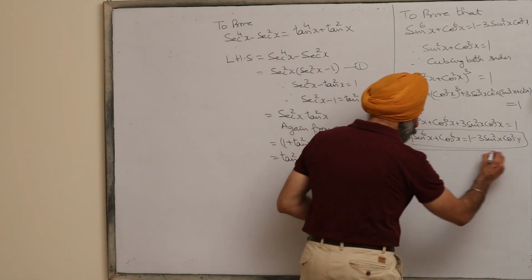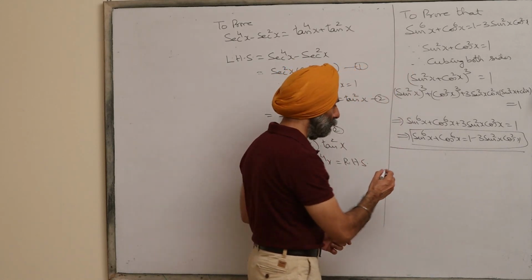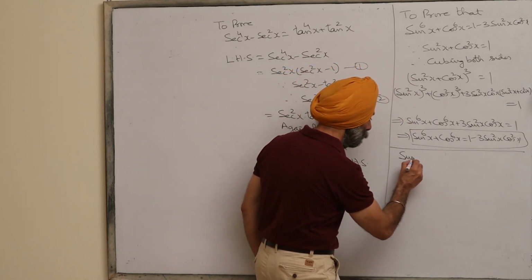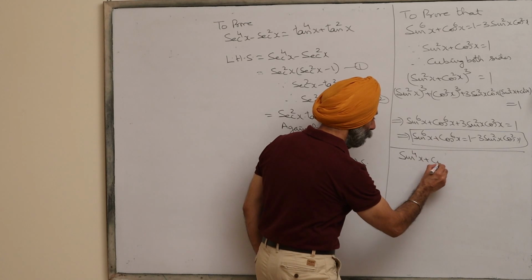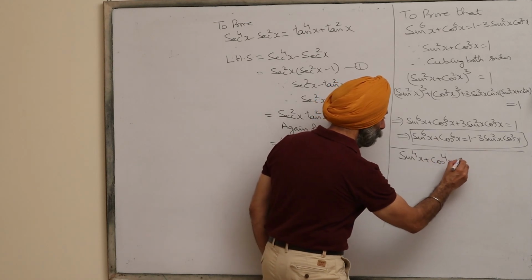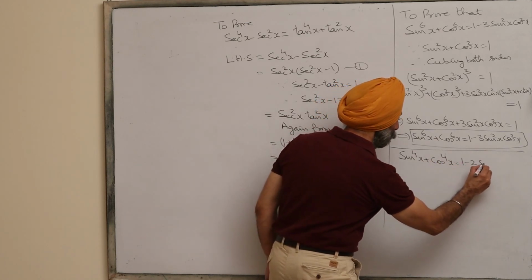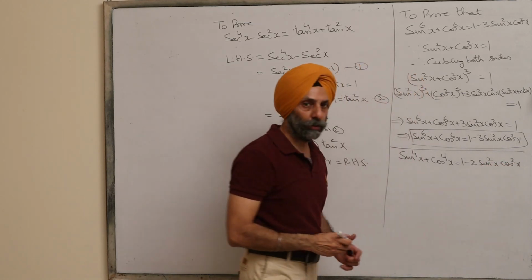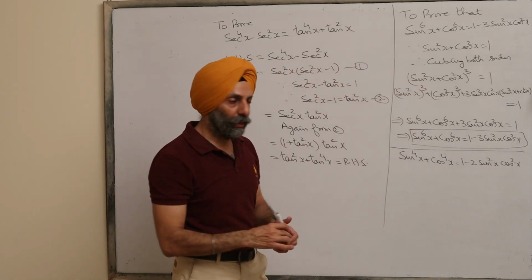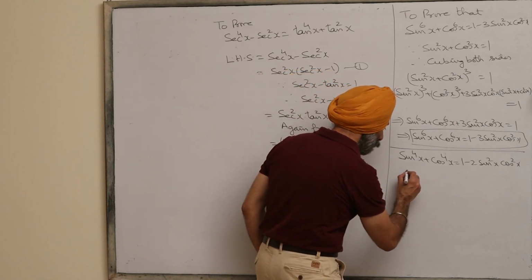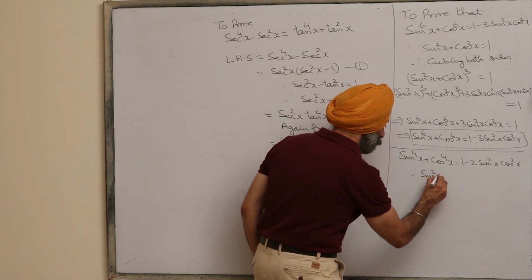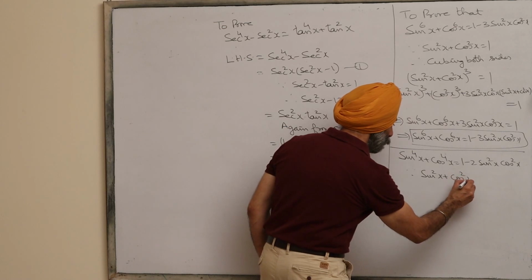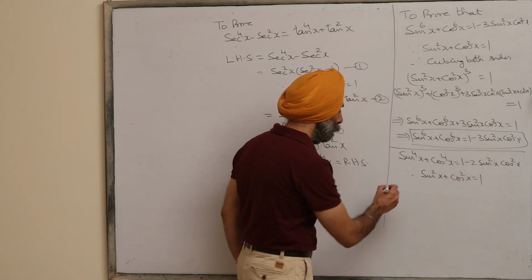Similarly, a question based on this is, you may be asked to prove that sin^4 x plus cos^4 x is 1 minus 2 sin^2 x cos^2 x. In a similar manner, we will start the question, because sin^2 x plus cos^2 x is equal to 1.